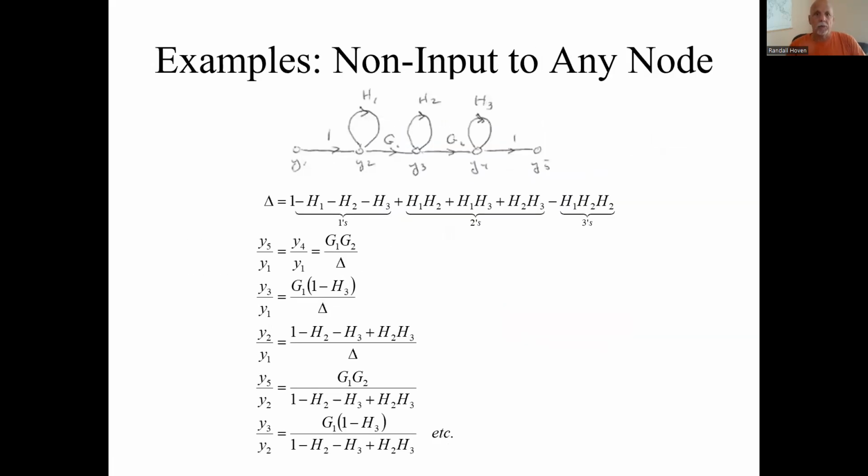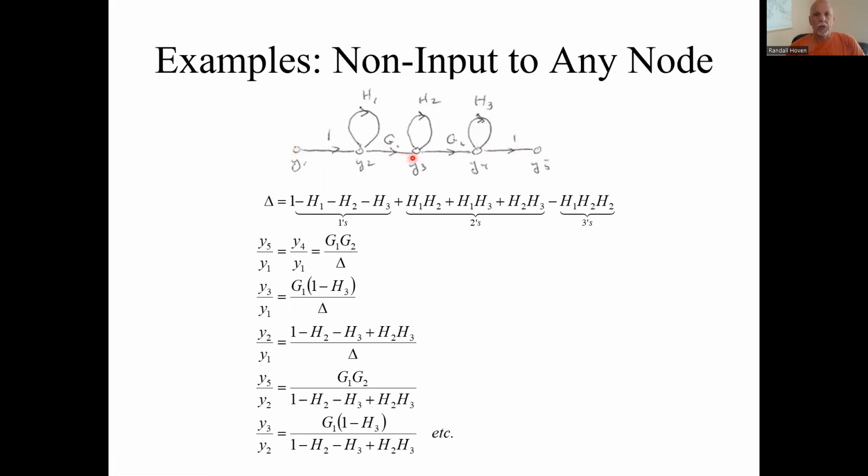I guess I got time for this one chart. Remember we saw this before? Here was the overall delta because we had not only individual loops and not only 3 pairs of loops, we had a triplet. So here was the overall determinant for the whole thing. And we did from Y1 to Y5, it was G1, G2 over that delta.